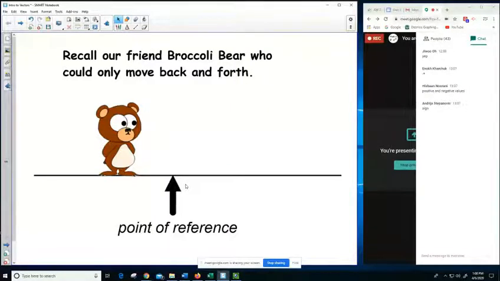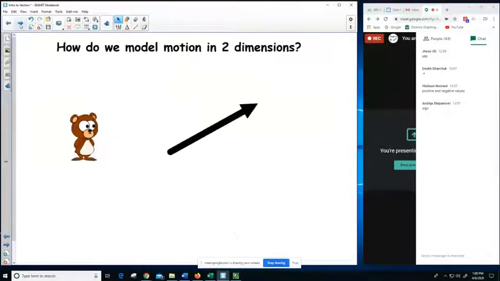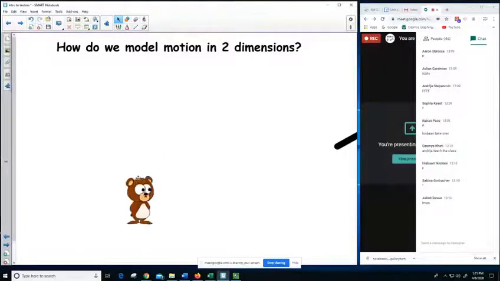Well, of course, Broccoli Bear at some point, especially right around now as it's getting warm, is going to want to get out of his lair and start living in two dimensions. Bear can move in 2 dimensions, so he can move to any location he wants. So we need some other way of representing not just moving at 2 meters per second, but moving at 2 meters per second in that direction, as opposed to 2 meters per second in this direction.